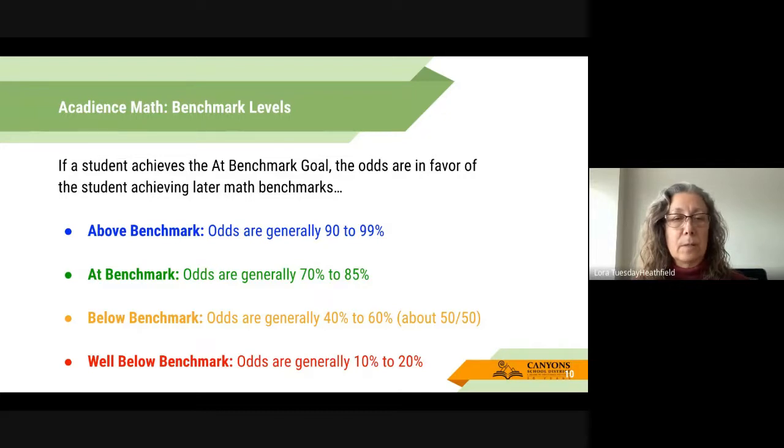And if a student is well below benchmark, the odds are pretty low, 10 to 20% that they'll reach that later benchmark without additional supports. And what we've found is that above benchmark is more predictive of proficiency at the end of the year than at benchmark. So you really want to get your students to be performing in that above benchmark range, if at all possible.